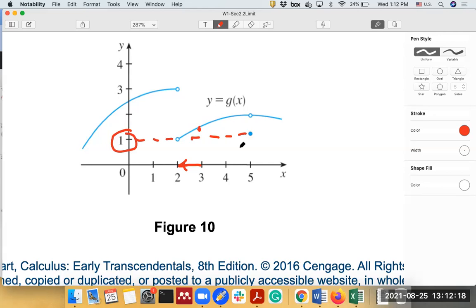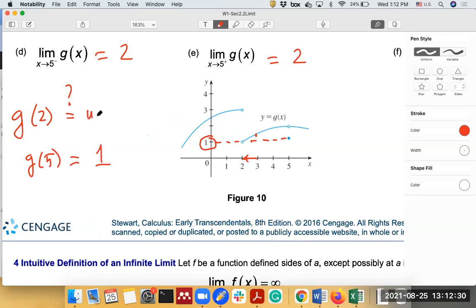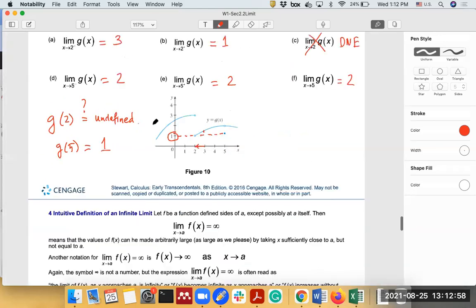It's not defined. Or we say that it is undefined.